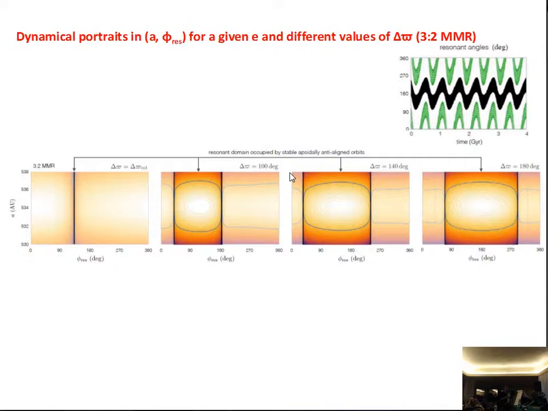We can consider a body librating very close to the resonance center, basically on the stable equilibrium point. As the secular dynamics slowly evolves, the dynamics in the resonant degree of freedom will change from one diagram to the other, but the body will always stay at the center because there is an adiabatic invariance there.